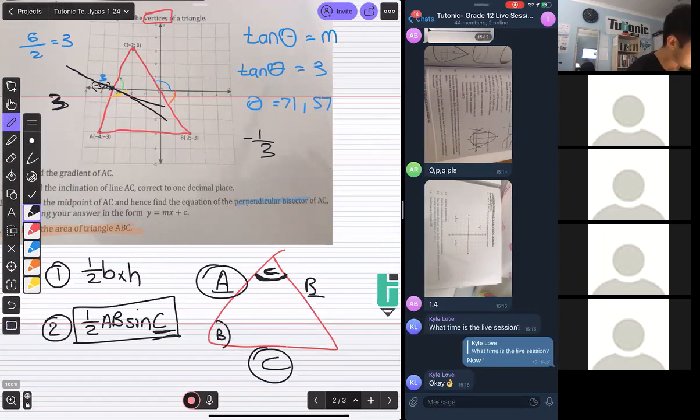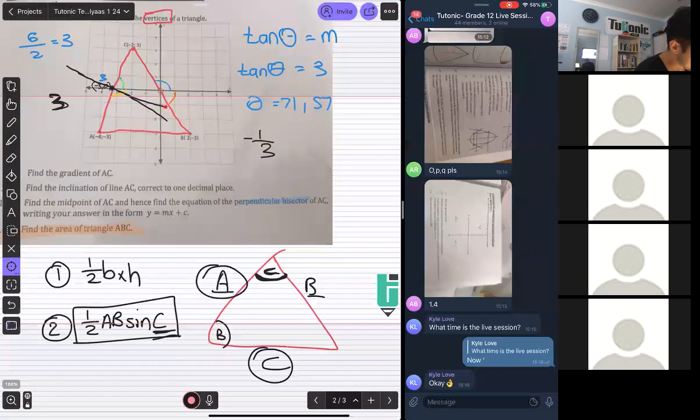Yes. So now in this triangle, we're not going to use half base times height. Well, we actually can, because they gave us a perpendicular bisector. But then you would have to work out the distance.